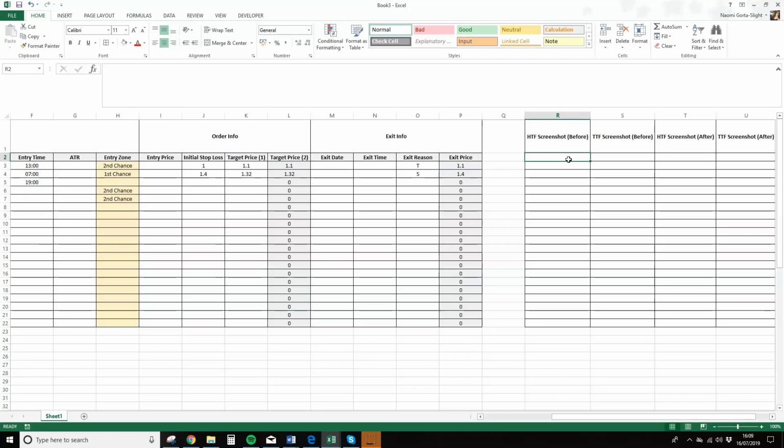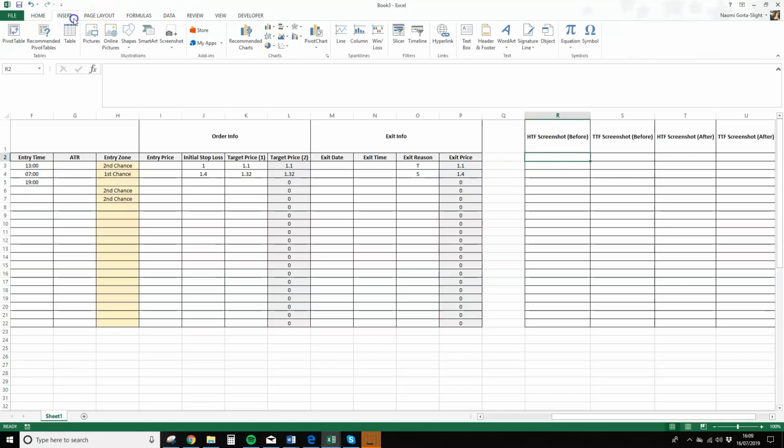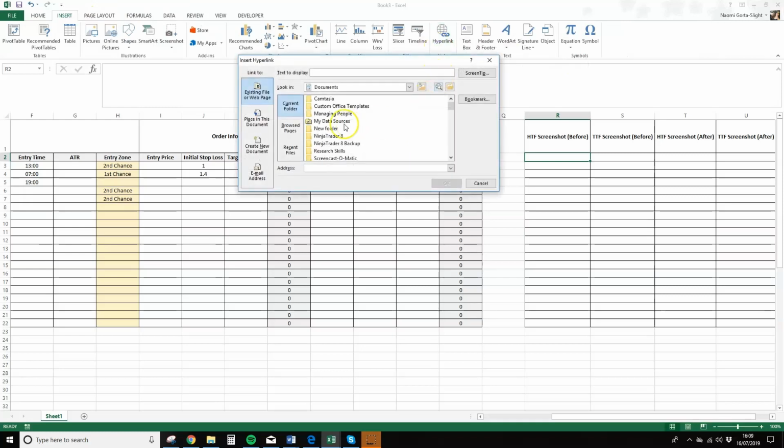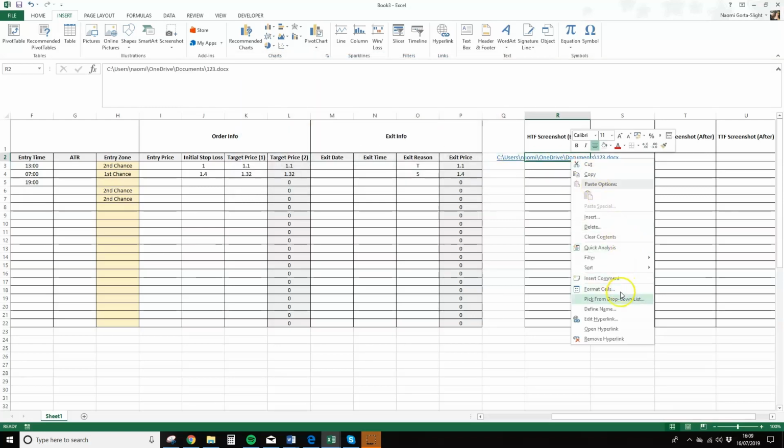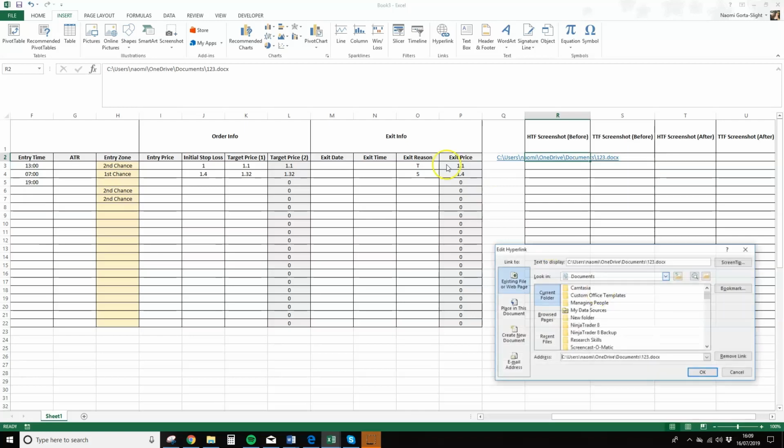But if you don't want to look at that, just so you know, insert hyperlink and then you select your screenshot. Let's just select something random, whatever this is. Boom. And then if you want to change the name, you do edit hyperlink and then say I just want to call it example. I've turned into one of those people that does example.